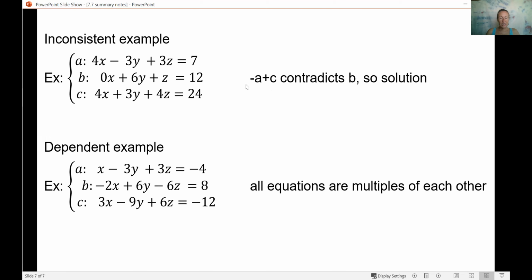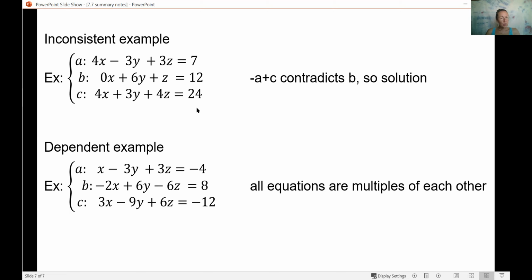Well, here I've kind of pointed out how if we do equation -a times c, so if we look at this and we think, okay, let's try to cancel out our x's, right? So I do -1 times equation a and I add that to c. I'm actually going to end up with a 6y plus z equals, what is that, 17?